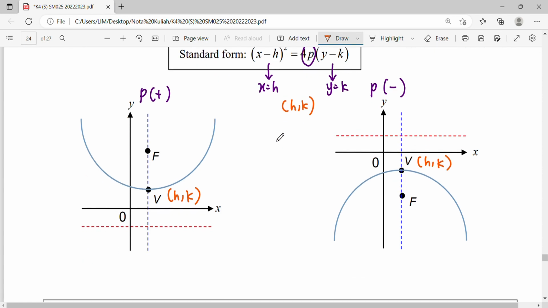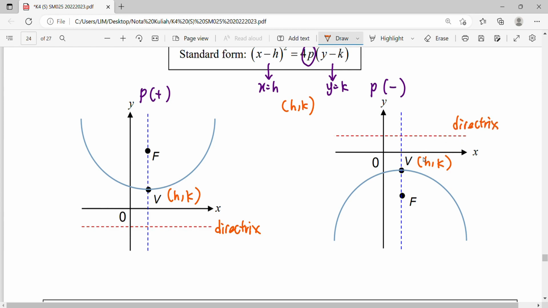In a parabola, we have a focal point inside the parabola shape, and on the opposite side we have a directrix line. So for this parabola that is concave downward, the focal point will be inside this concavity, and on the opposite of this parabola is our directrix.